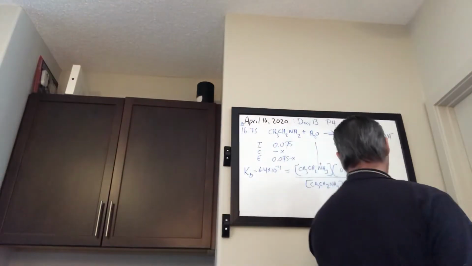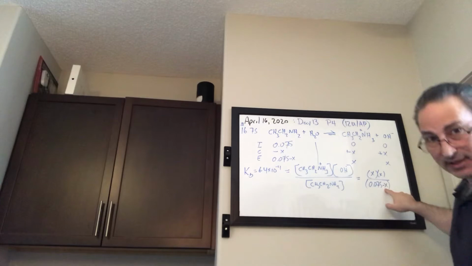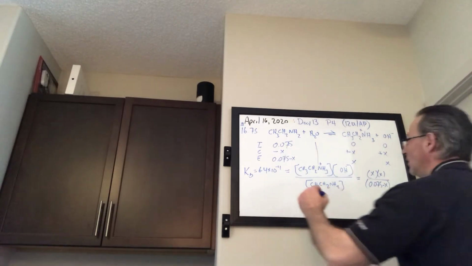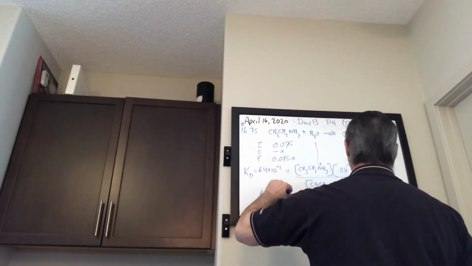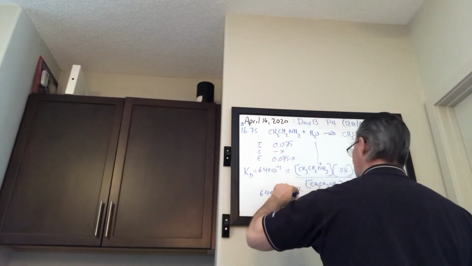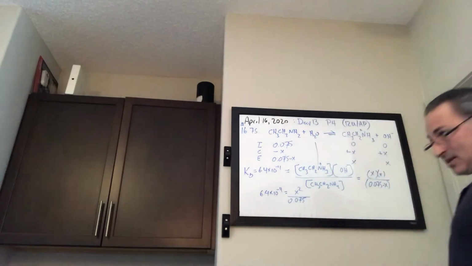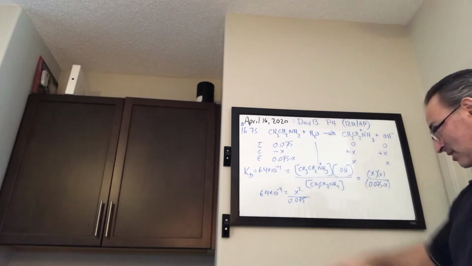So if we pretend this number is very small, actually we don't have to pretend because it is. So 0.075 minus X can be rounded down to this. So you'll get 6.4 times 10 to the minus 4 equals X squared over 0.075. That's a reasonable approximation. This X hardly puts a dent in the 0.075.